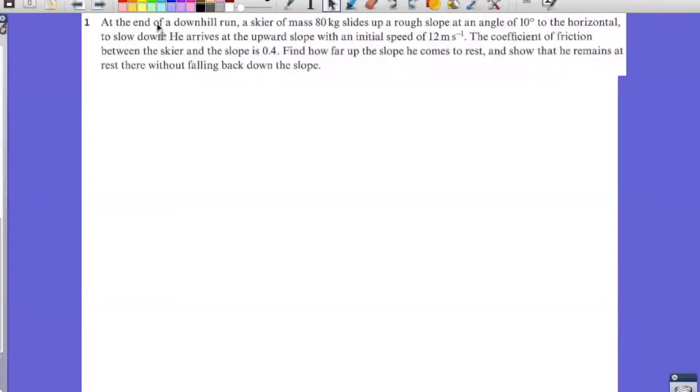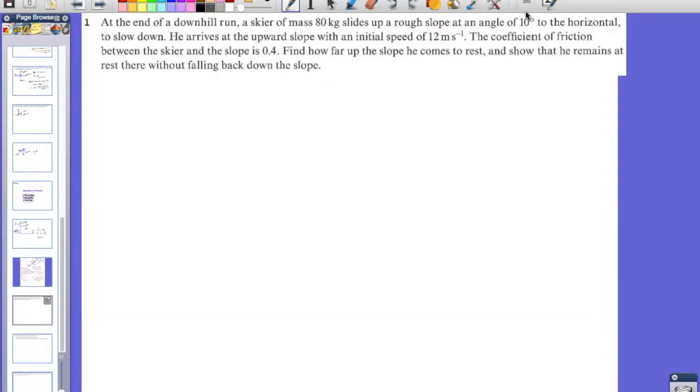Let us look at question 1. It says, at the end of a downhill run, this seems like the problem I just solved. A skier of mass 80 kilograms slides up a rough slope at an angle of 10 degrees.